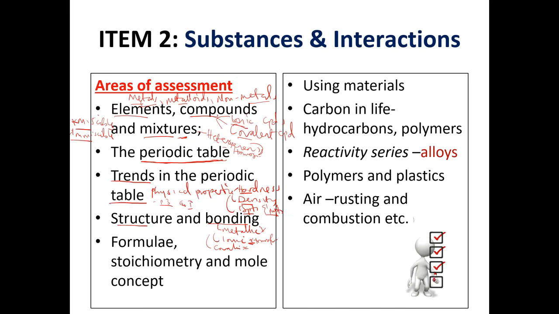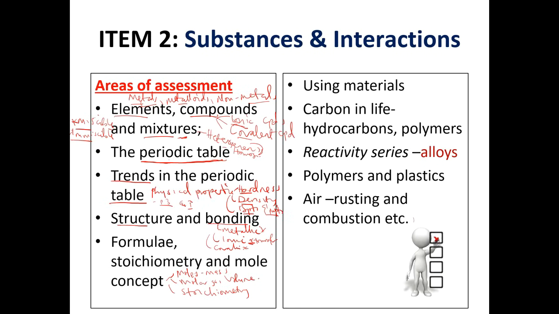Then formulas, stoichiometry, and mole concept. Here, we need to be knowing different calculations. Number 1, about moles, maybe changing moles to mass. Then the molar gas volume. Don't forget applying stoichiometry. Stoichiometry, we are just looking at how we can use balanced equations to determine the amounts of products produced or the amounts of reactants being utilized.